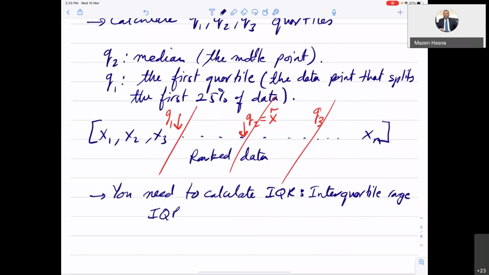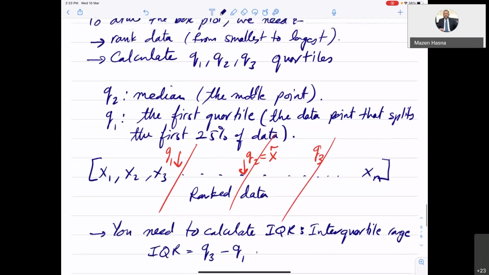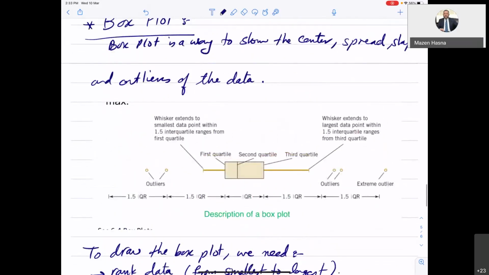IQR is just Q3 minus Q1. So you do this processing of the data, and of course, as you know, all of this can be done in a very simple computer program. Once you have all of this, this is what you will draw.